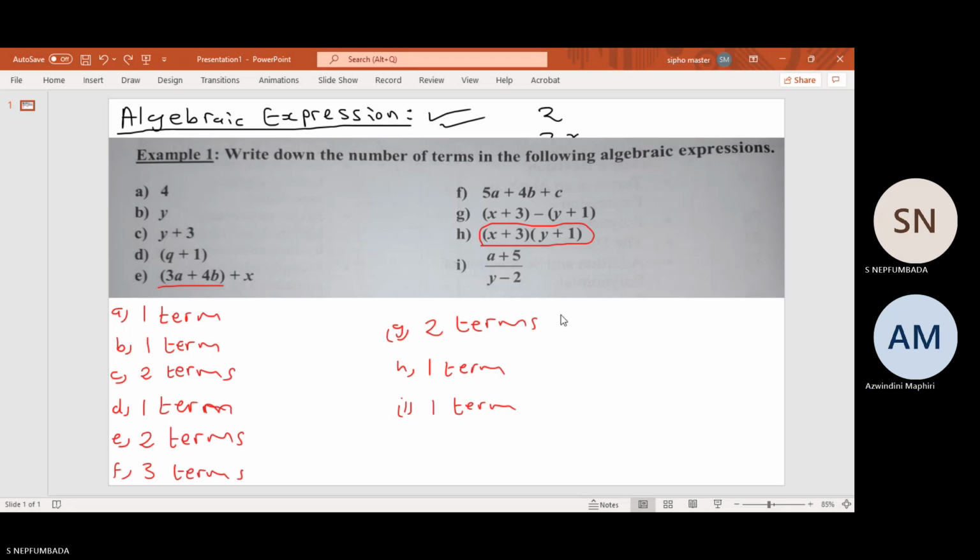Okay. So this is one term. So can we proceed to the next page? Yes. Okay.